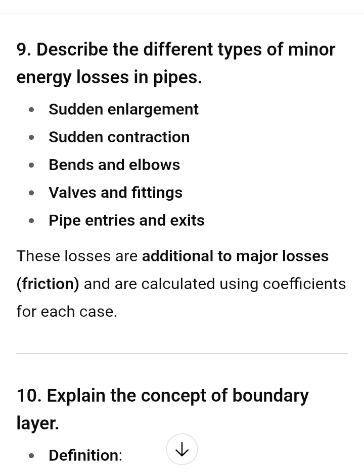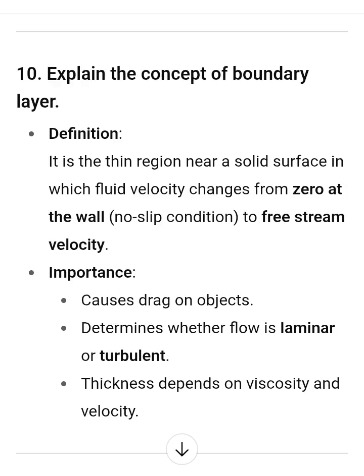Last question: explain the concept of boundary layer. First of all, what is a boundary layer? It is the thin region near a solid surface in which fluid velocity changes from zero at the wall, the no-slip condition, to the free stream velocity.